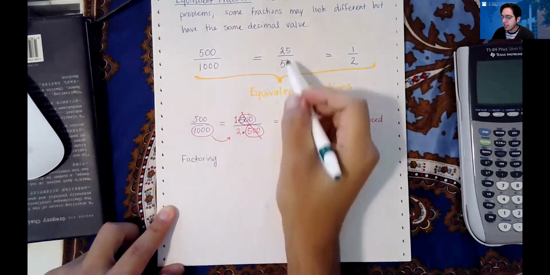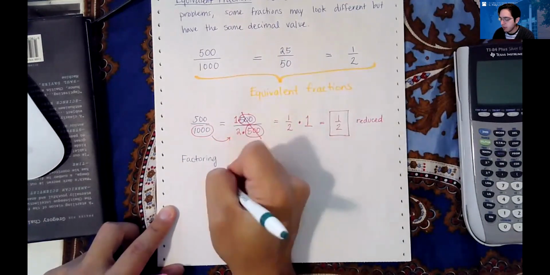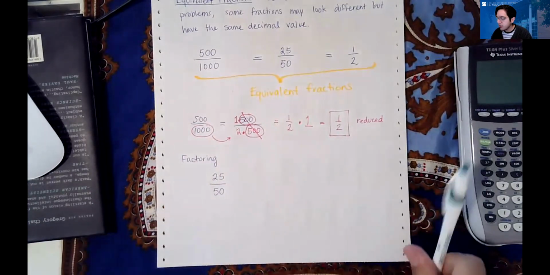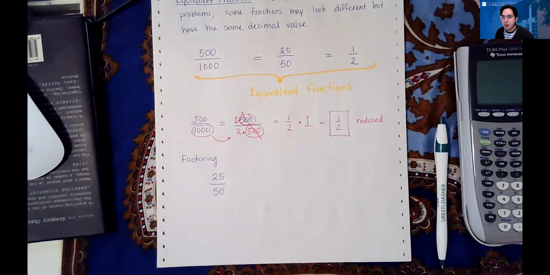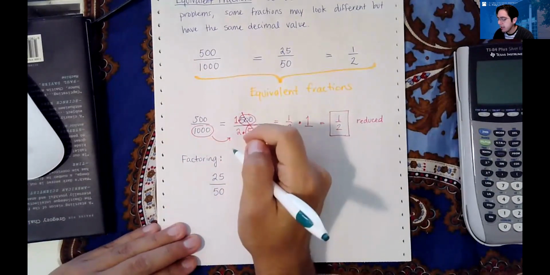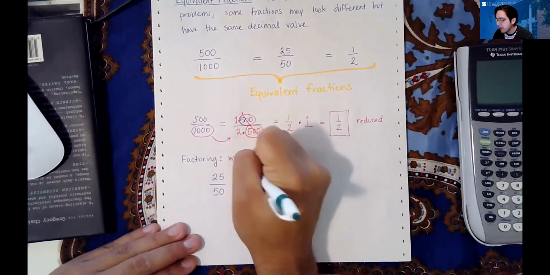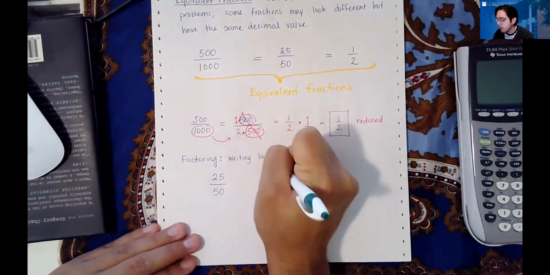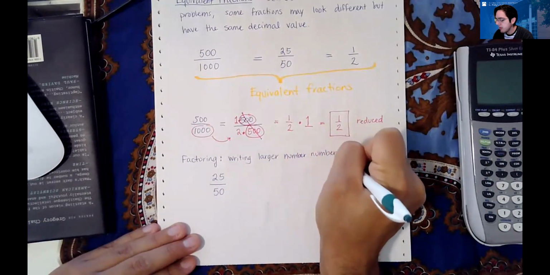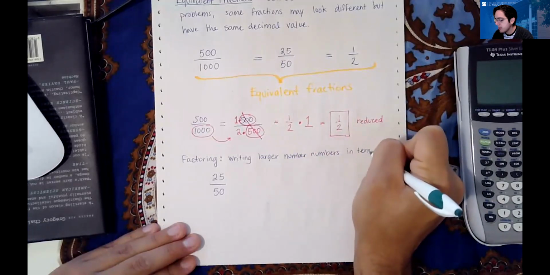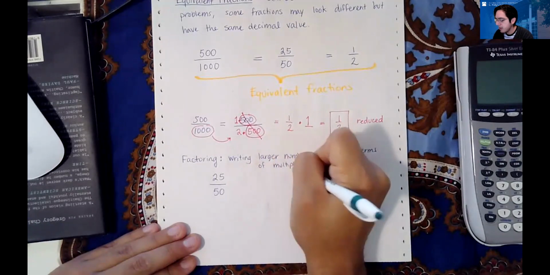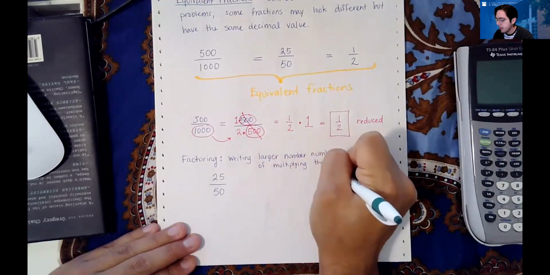Okay, so let's take another example here, the 25/50. What we could do is factorize 25. And factorizing or factoring is writing larger numbers in terms of multiplying their factors.